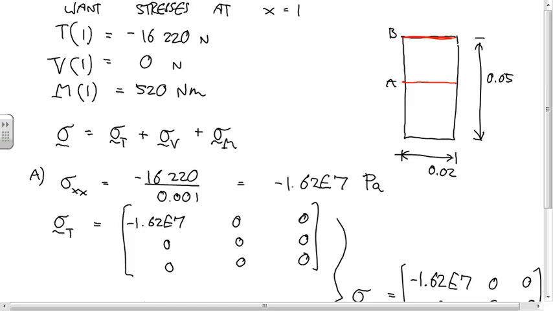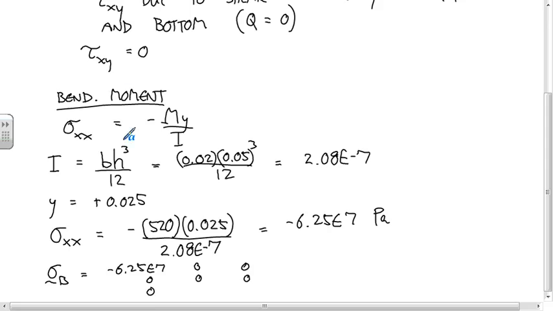Or was the, no, that's positive. The bending moment was positive, right? Okay. All right, so the final answer is that the XX component of the stress is negative 1.62 times 10 to the 7th.